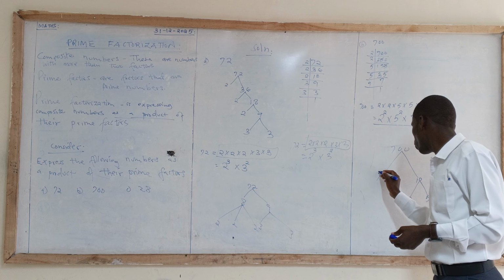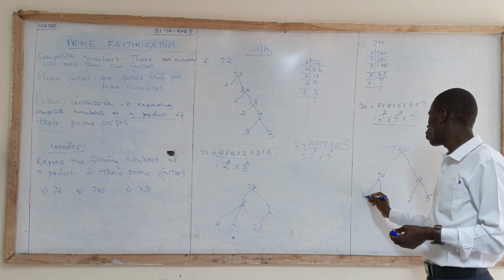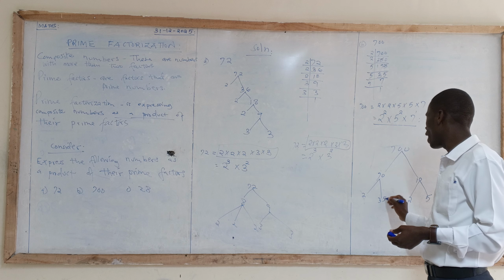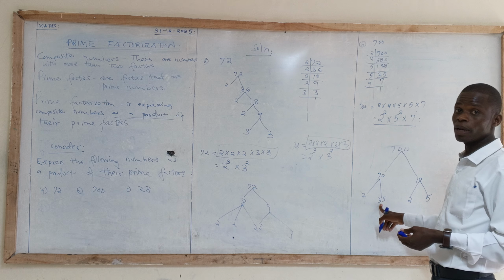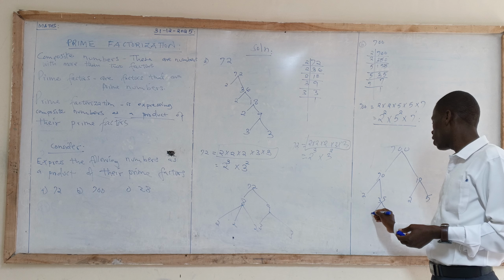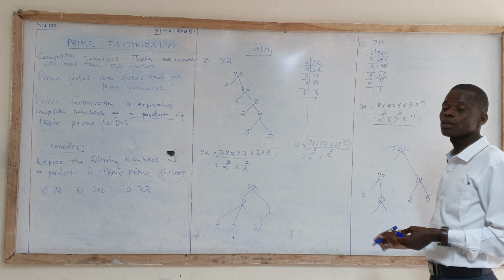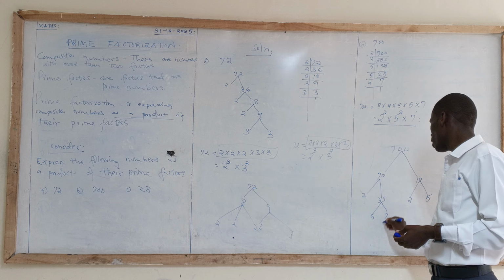Then the other I can decompose further, giving me 2 and 35. This is a prime number, this is a prime number, this is a prime number, but this is not a prime number. I can decompose it further: which two numbers if I multiply give me 35? That is 5 and 7.